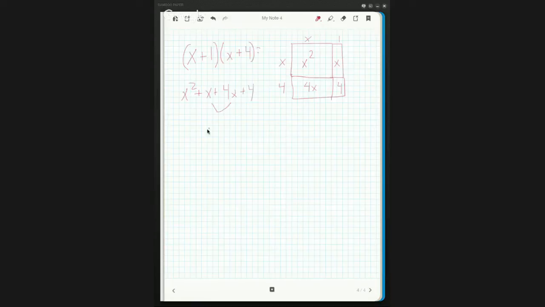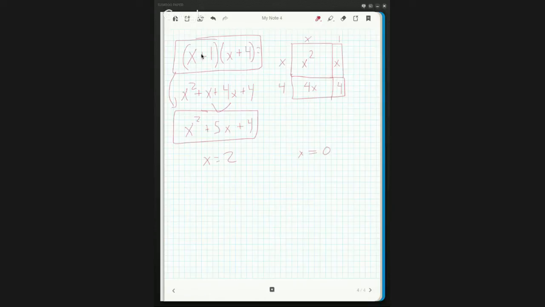And we can combine our middle 2 terms. 1x and 4x is 5x, so we come up with x squared plus 5x plus 4. And we can try this with any numbers we want. Let's try plugging in x equals 2, and then let's try plugging in x equals 0.